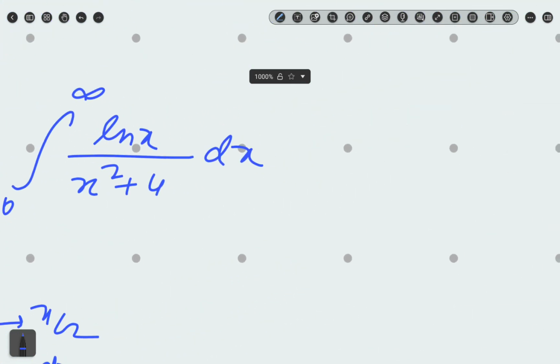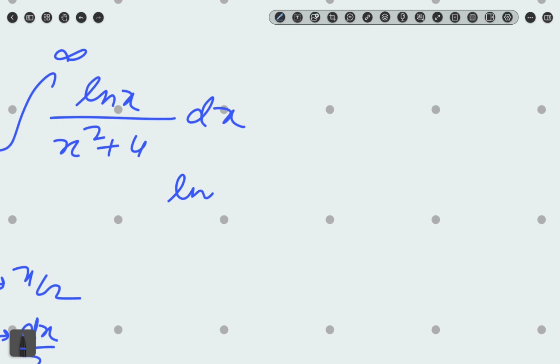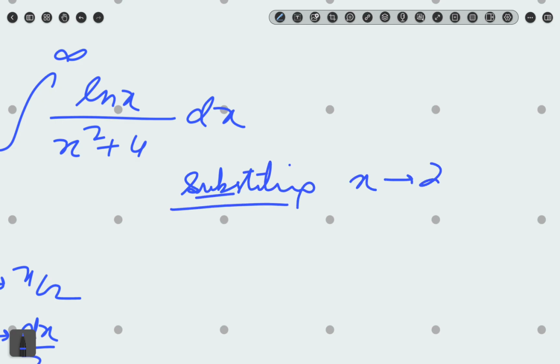Let's substitute, now we have to do something common here, so we substitute x to 2x, right?